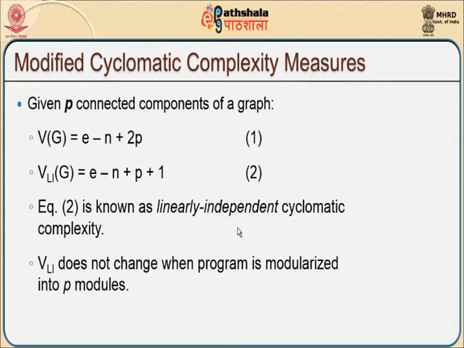In case of a linearly independent graph, the cyclomatic complexity is represented with E minus n plus p plus 1, where this Li represents the linearly independent value. The cyclomatic complexity of a graph which is linearly independent does not change when the program is modularized into p different modules. So, there will be no difference between the first formula and the second formula.